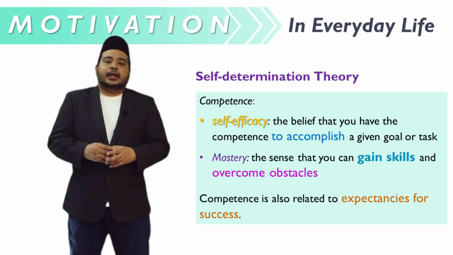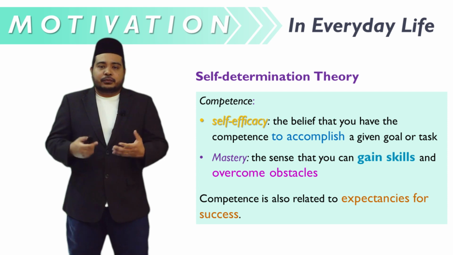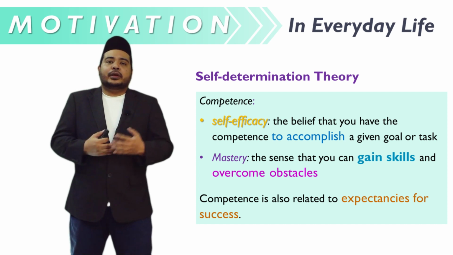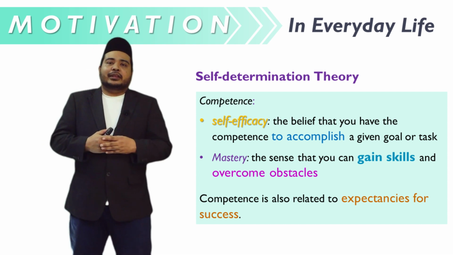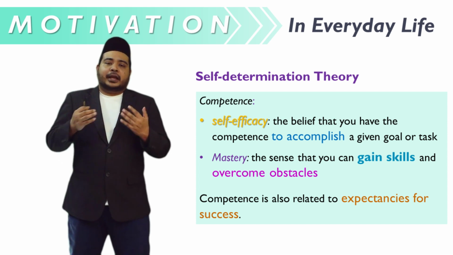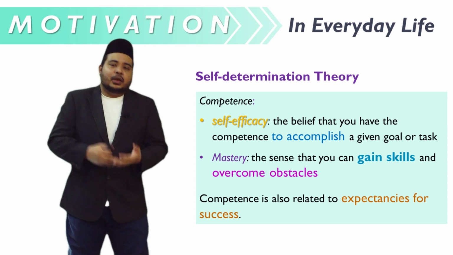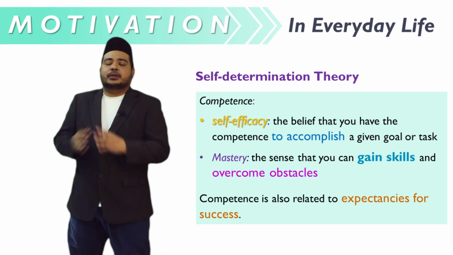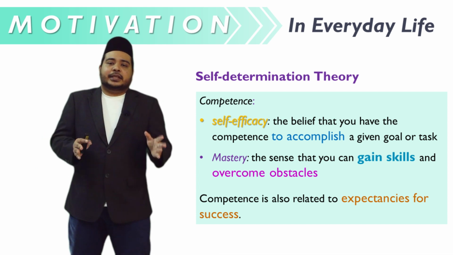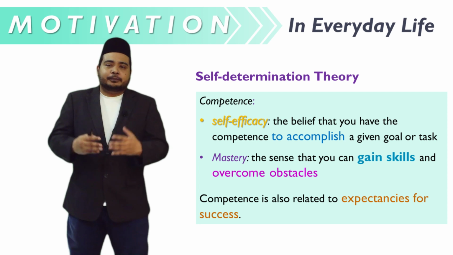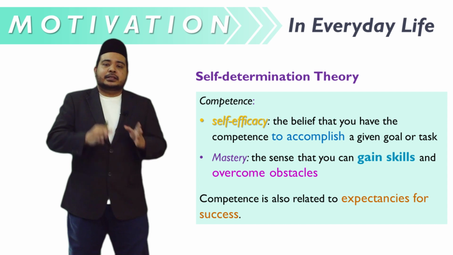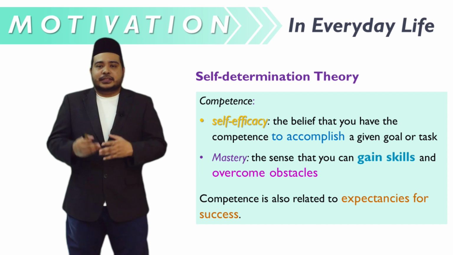In order to do that, we know that when people give tasks, we are going to face challenges, difficulties, and problems. But by having mastery, we know that we will be able to overcome all of those difficulties and challenges, and we will be able to gain and establish new skills. That's why competence is related to expectancy for success.